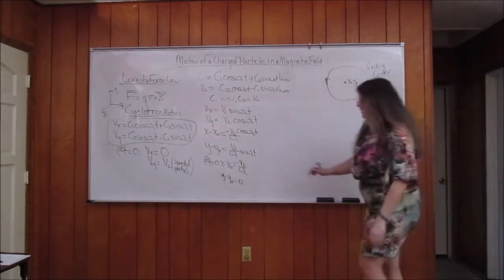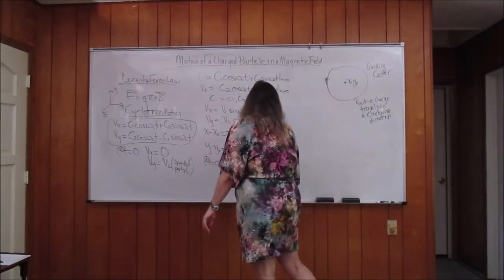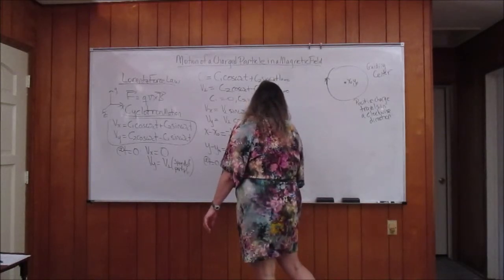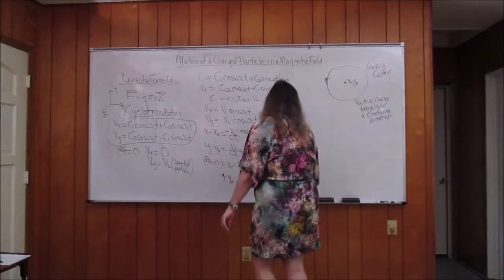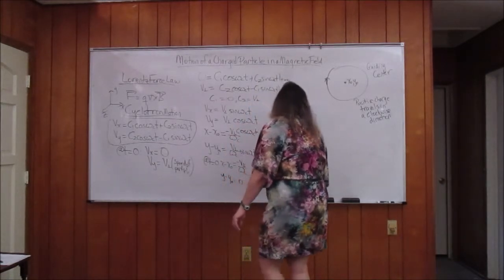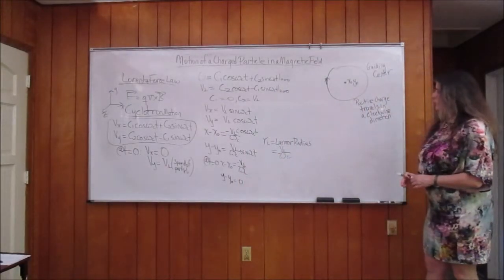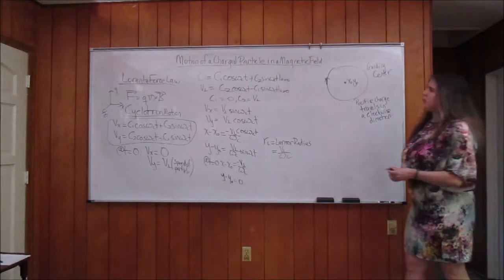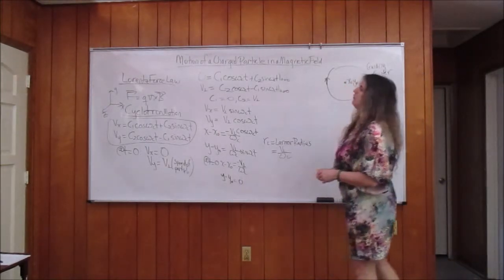Okay. Now I'm going to introduce yet another symbol, and we'll call that the Larmor radius. And that has the value of the speed of the particle over the cyclotron frequency. So what happens when you have a particle that has some initial motion that is perpendicular to the magnetic field?